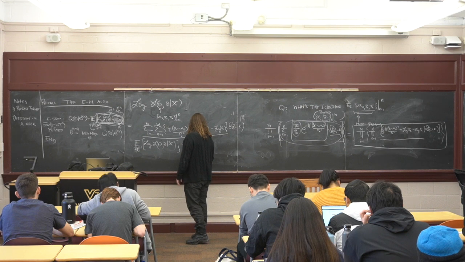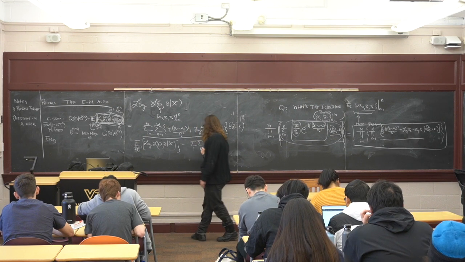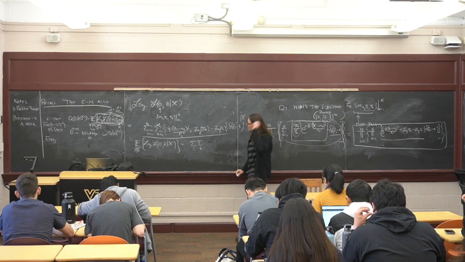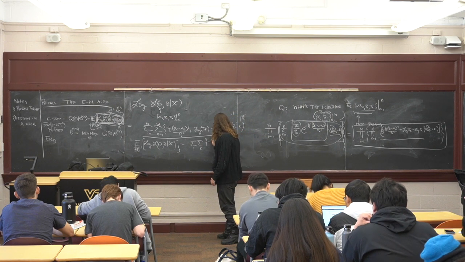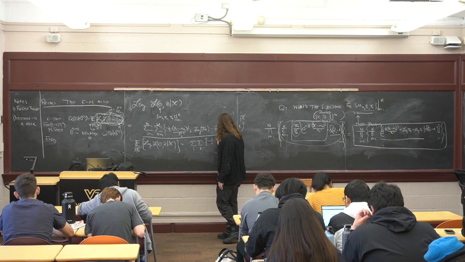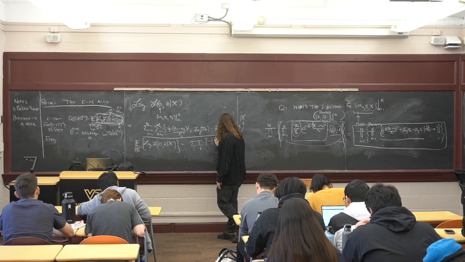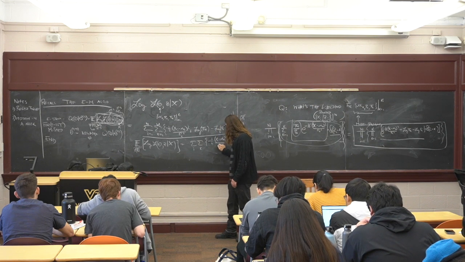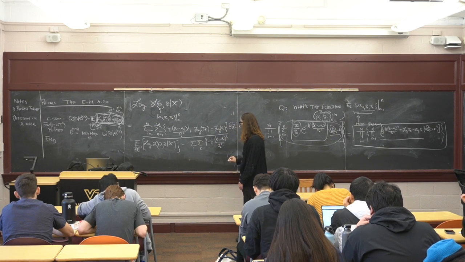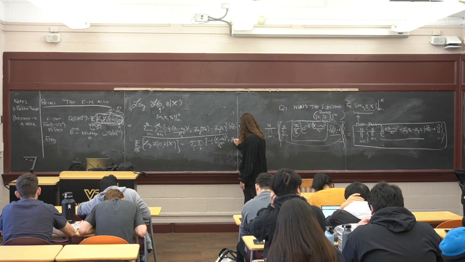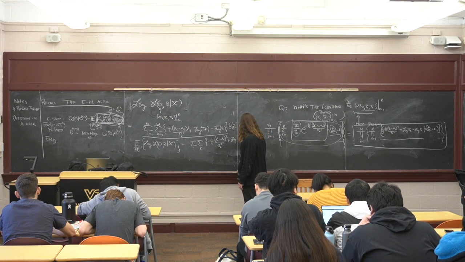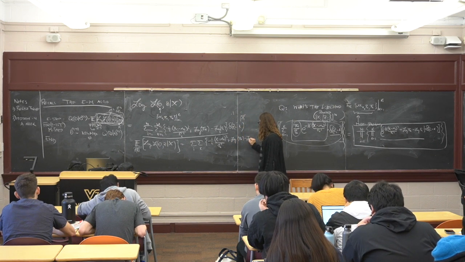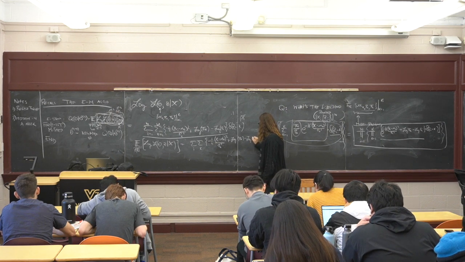Double sum, over i, over k. I'll come back and complete that in a second. Minus 1/2 (x_i minus mu_k) squared over sigma_k squared, plus log pi_k, minus log sigma_k.